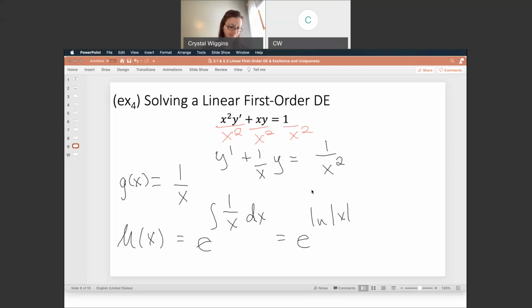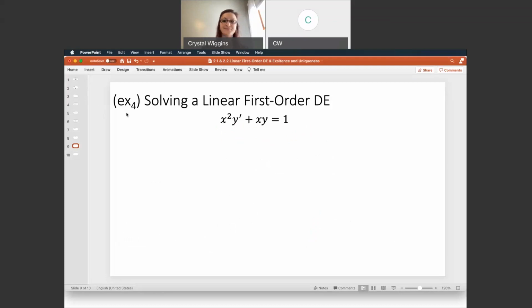Other thing to note is that e and ln cancel as they are inverses of each other, leaving us with just x and no more restriction on x, because the absolute values were only necessary because we were inside of an ln function. The x now is fair game for any value. Now that we have our integrating factor as x, we multiply both sides of the equation by that integrating factor.